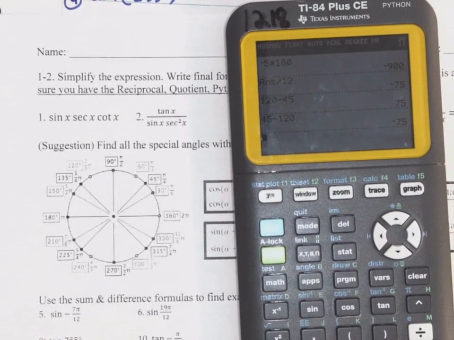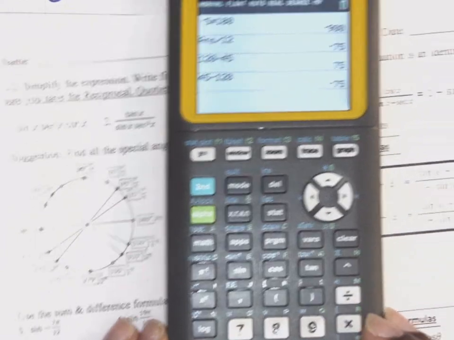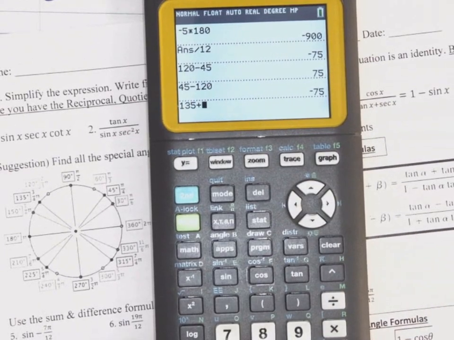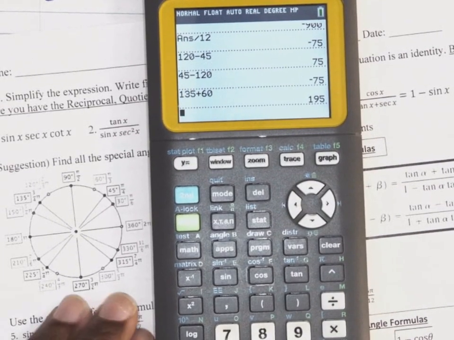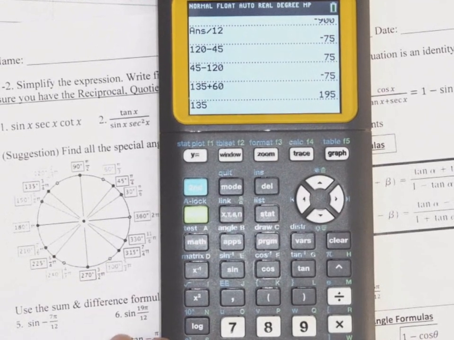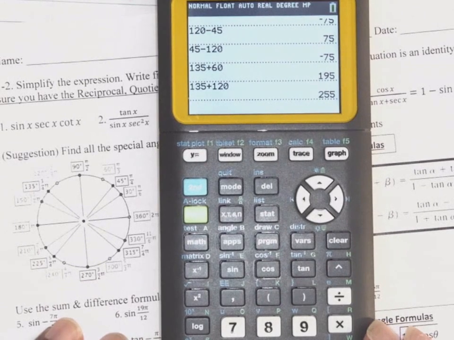What if we do 135 plus 60 won't be enough. Not quite. What if we do 135 plus 120? We get 255.